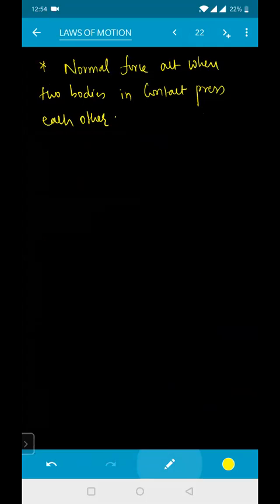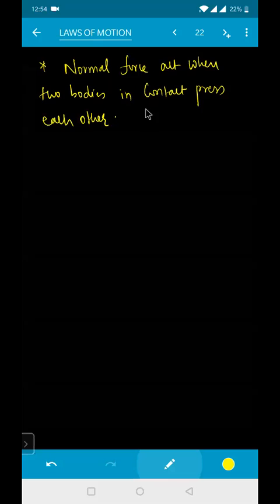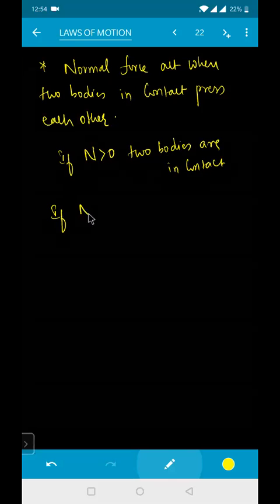So normal force will act only when there are two bodies which are pressing each other. Now if normal reaction is greater than 0, that means two bodies are in contact. If normal is 0, that means two bodies are not in contact.